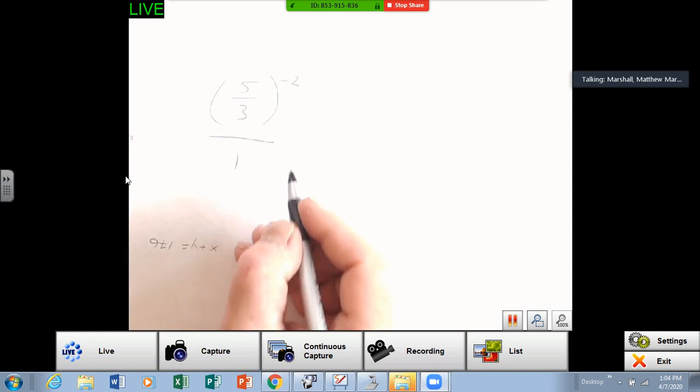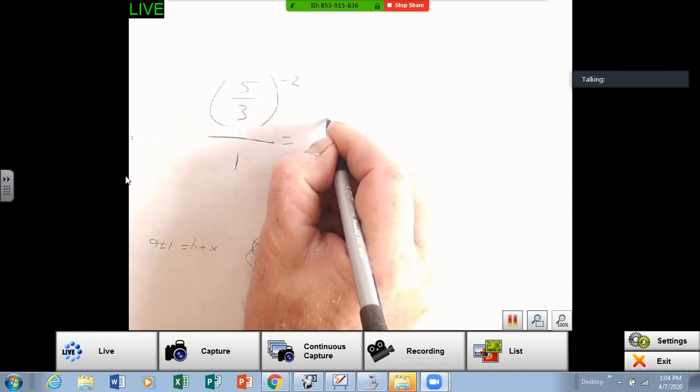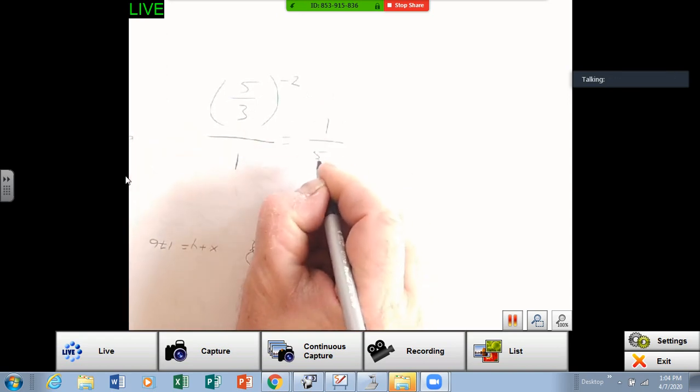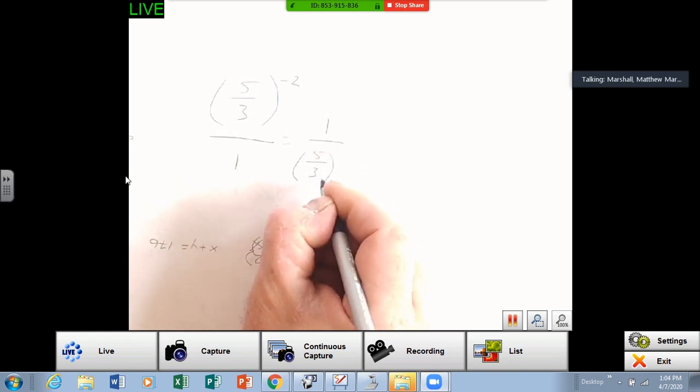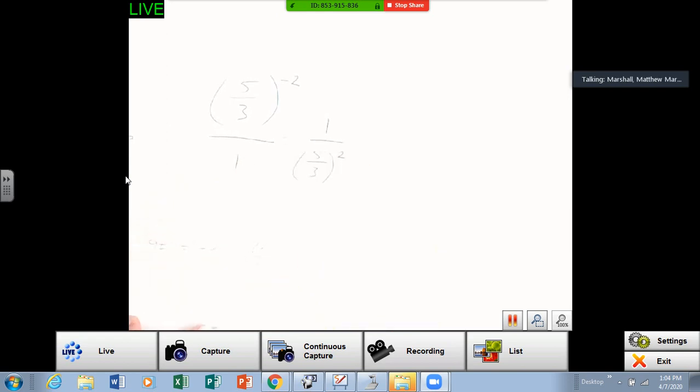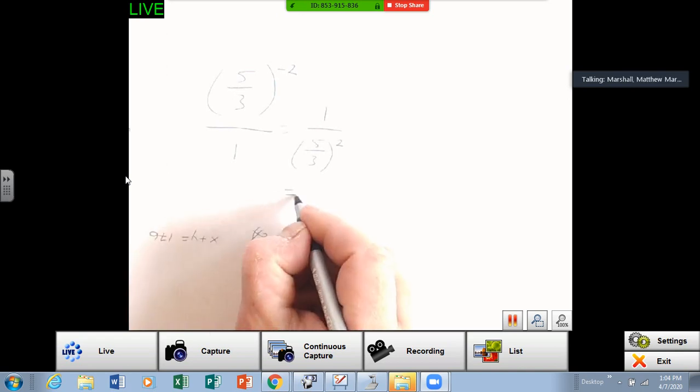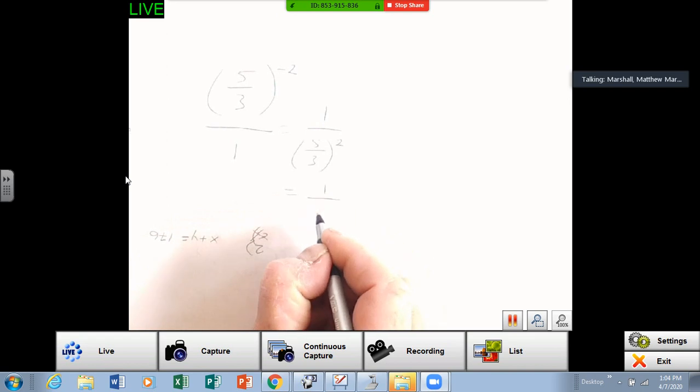And then the math lets me flip-flop that and write that power as a positive power right there. So 5/3 to the negative 2 over 1 is the same as 1 over 5/3 squared. So if I do that math, that gives me 1 over 25 over 9.